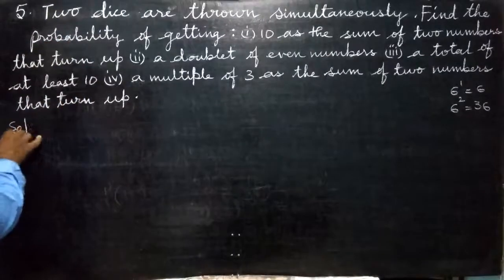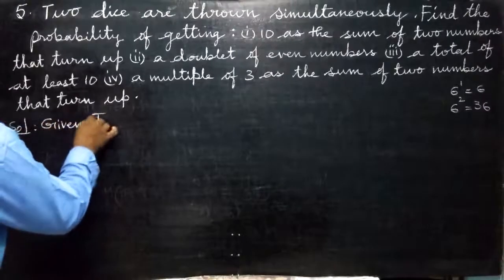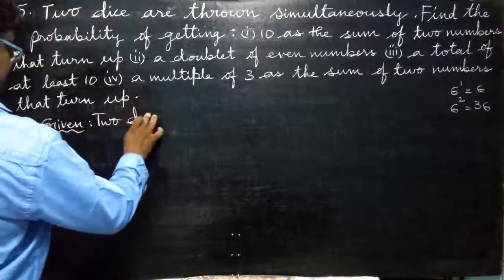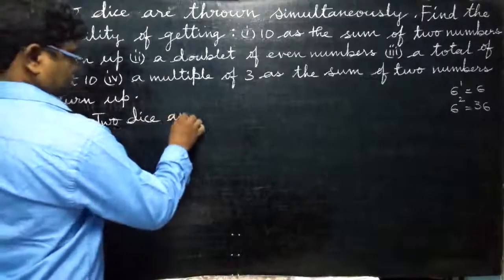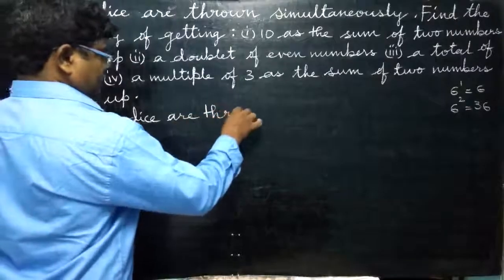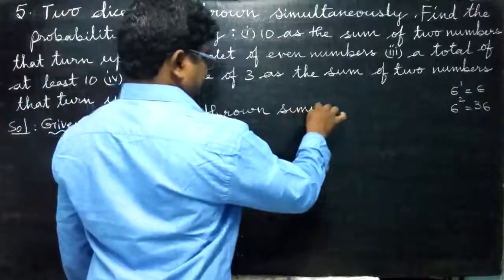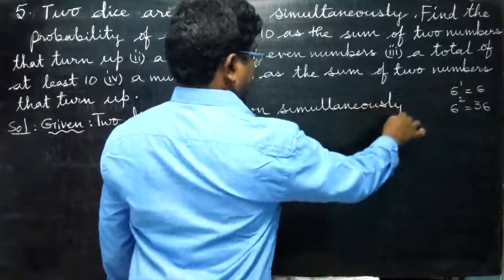Solution. Given: 2 dice are thrown simultaneously. Simultaneously means at a time.